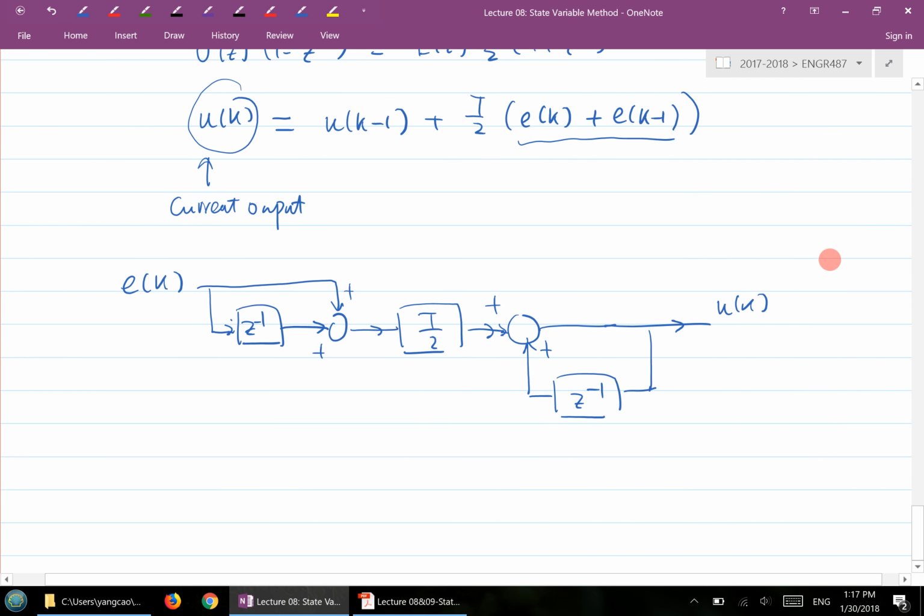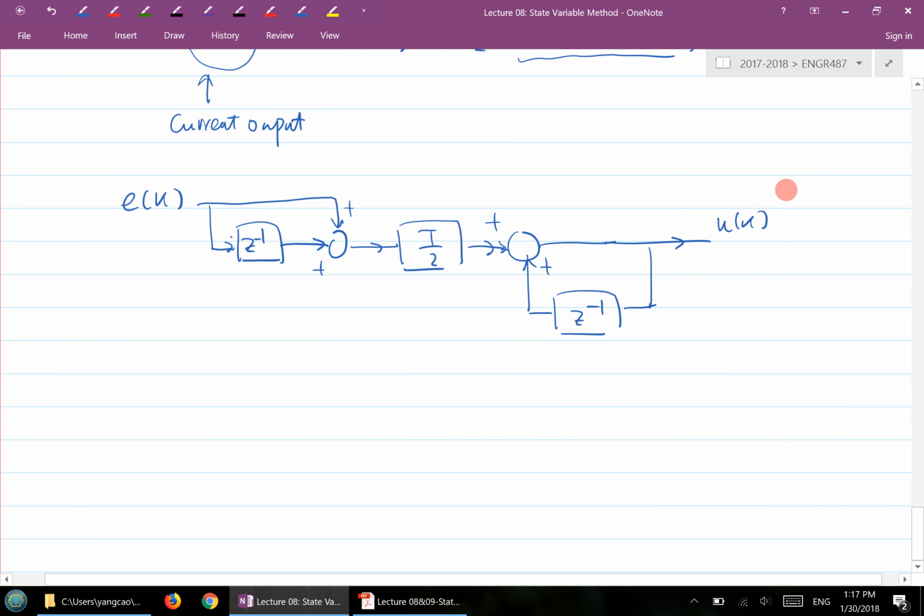The idea is once you get this simulation diagram, then we can derive our state space model by picking the state variables from the simulation diagram. So I'll show you that. I'll write it down here first.